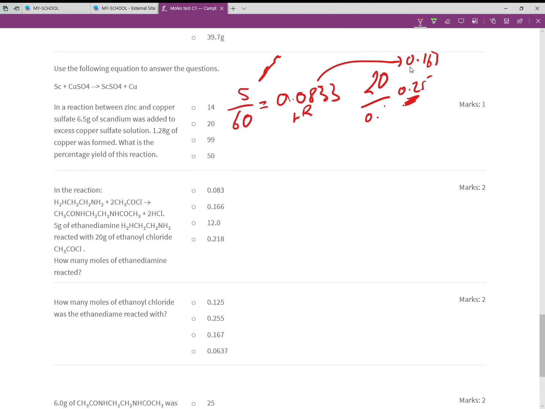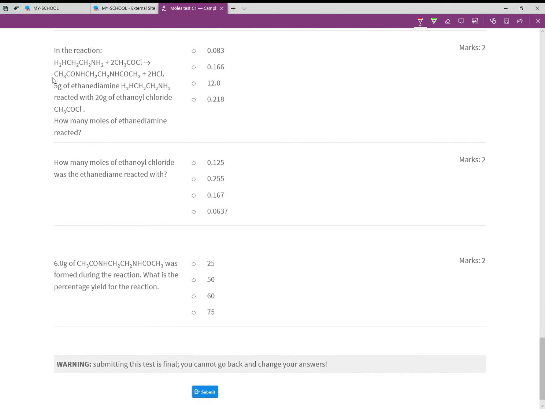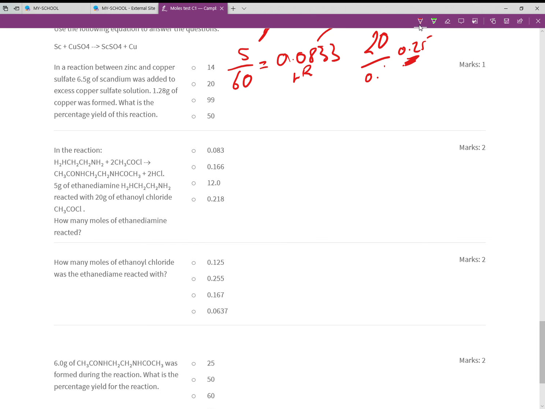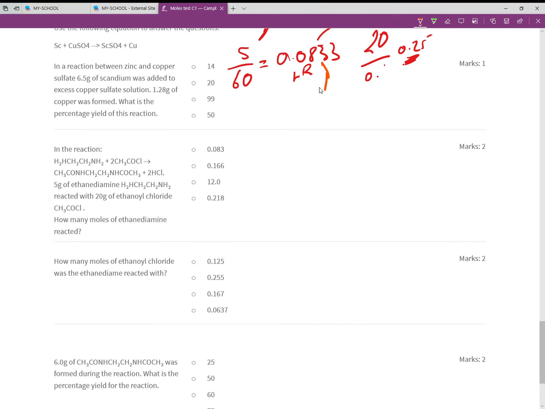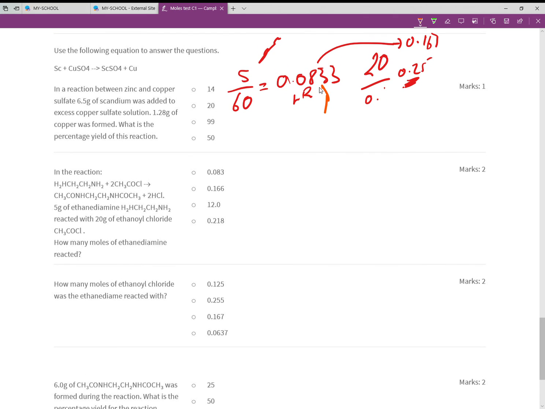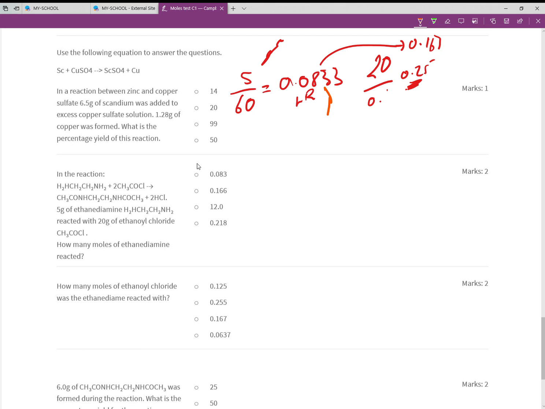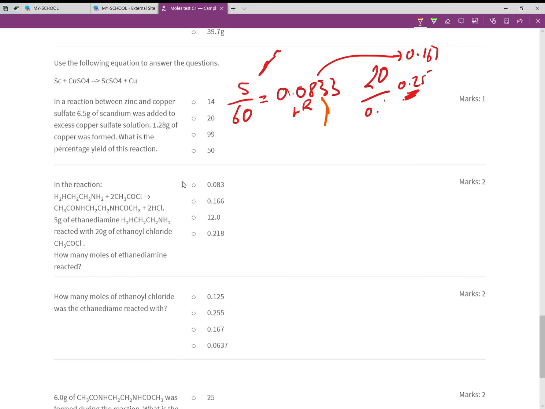We have a 1-to-1 ratio of ethane diamide to ethanoyl chloride. So if that's my moles of ethanoyl chloride, then that is also my moles of ethane diamide. So the answer will be the same. So it's A there. It won't let me highlight it for whatever reason, but it'll be A.